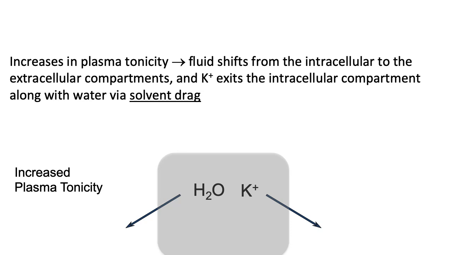And so, on that moment-to-moment basis, water, which can cross membranes, will start moving from the intracellular fluid to the extracellular fluid. And apparently, as part of that process, potassium will start to exit as well. And so when potassium exits along with water, we call it solvent drag. And so this is another way for potassium to move from inside of cells to outside of cells.